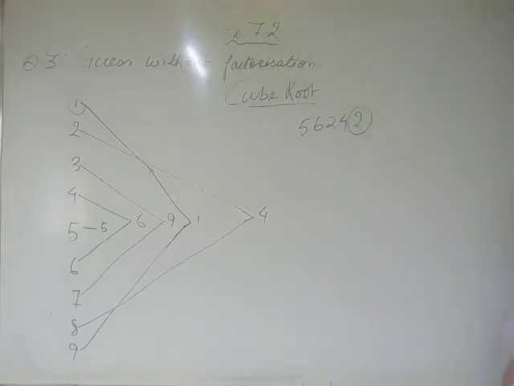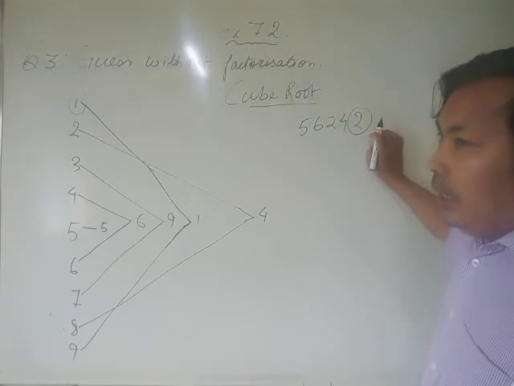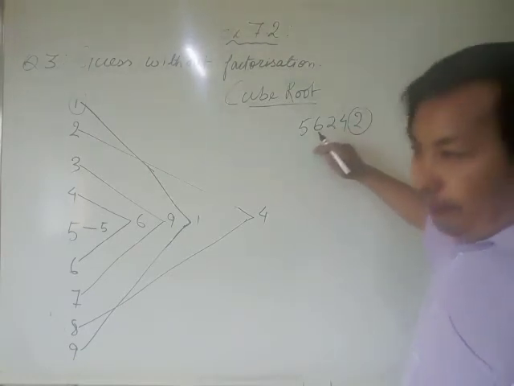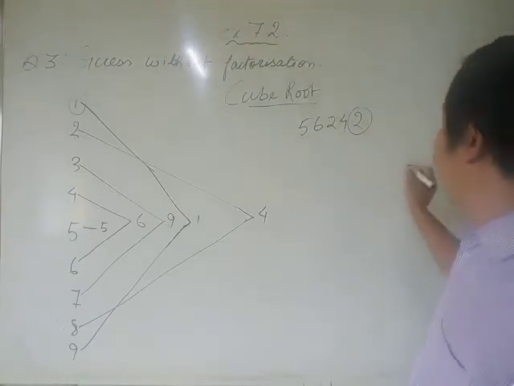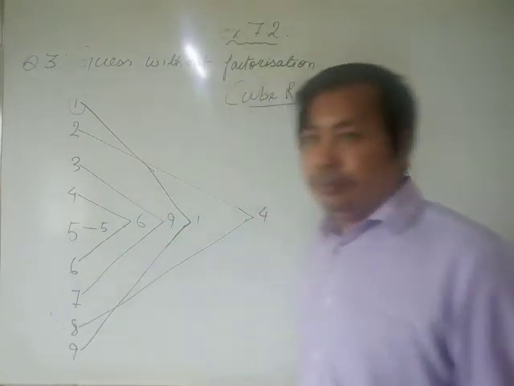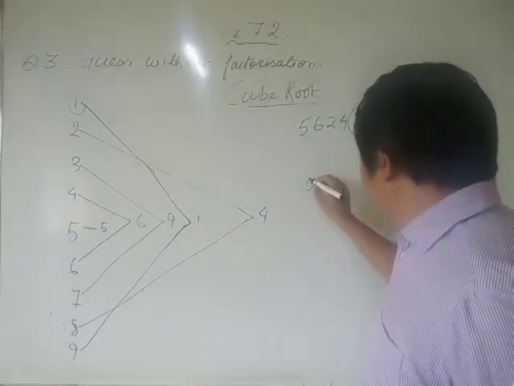The last digit is 2. So we will estimate that this is a cube number. So the cube root of this cube number will have 8 as the last digit. Why 8? 2 and 8. Okay. So the unit digit in the unit place.